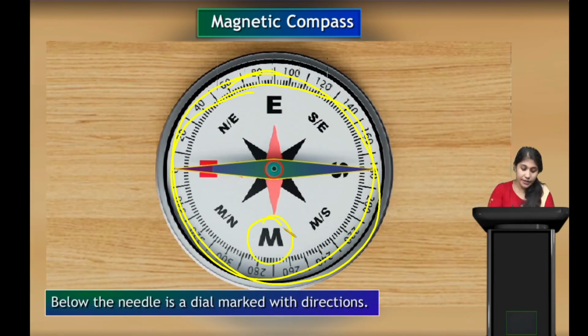Below the needle we can see this one is the west, this one is the east, this one is the south, this one is the north. The needle is mounted on the pin and it can rotate freely, and all these directions are indicated below the needle, so that in whichever direction the needle stops, we can tell whether that direction is east, west, north or south.